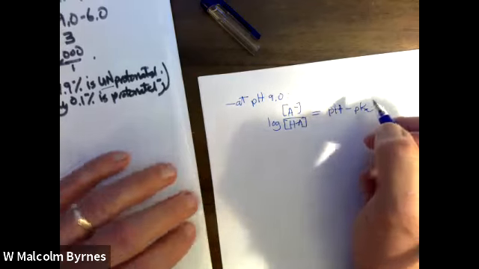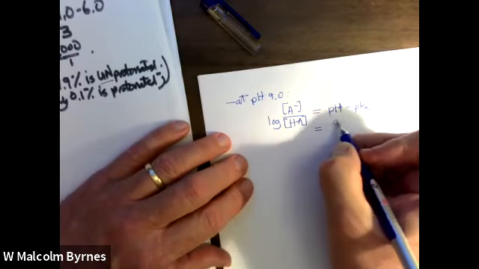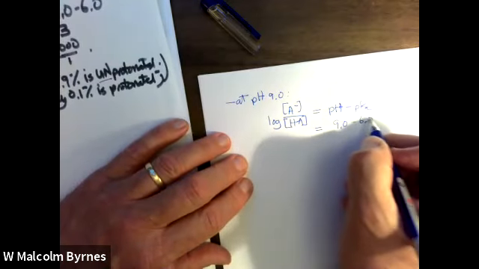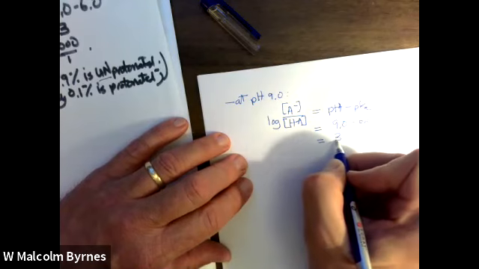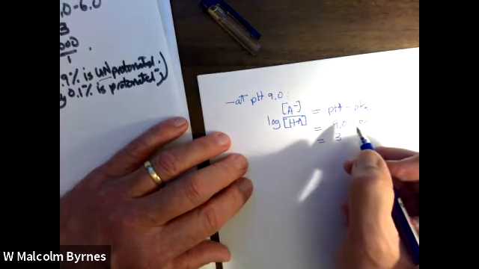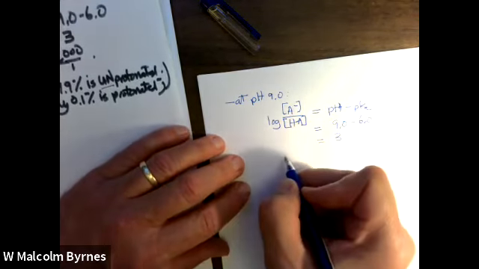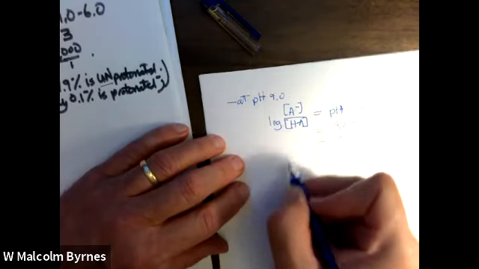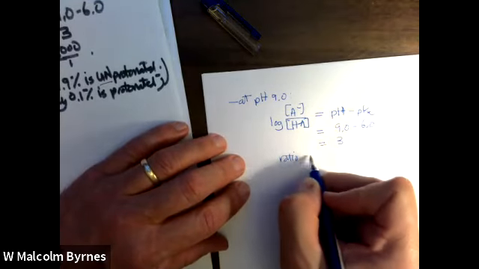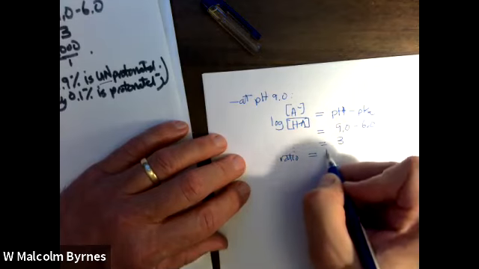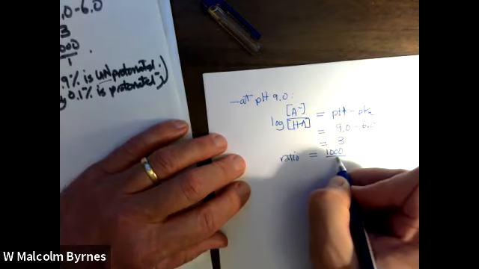It's equal to 9.0 minus 6.0, or in other words, 3. And therefore the ratio itself is 1,000 to 1.